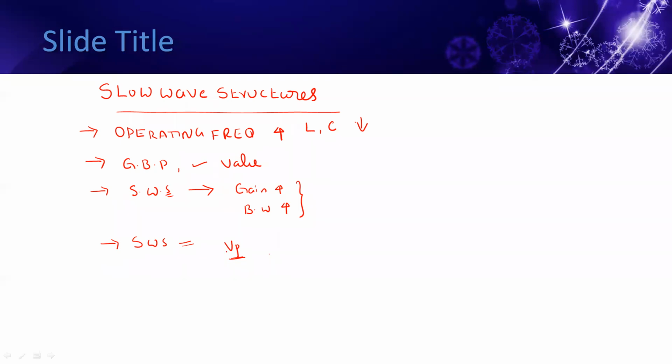In this operation, the traveling wave tube and the magnetron are the two popular devices where the electron beam must keep in step with the microwave signal. Why?